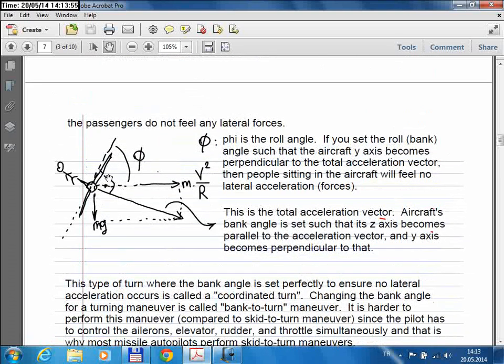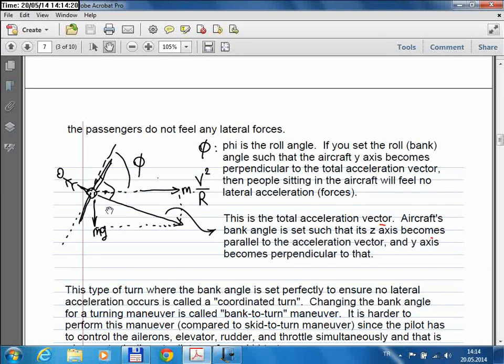I'm not sure. Yeah, I think you can get a negative G force if you bank your aircraft in the other direction, right? So I guess if you just tilt the aircraft upside down, then the pilot will be sitting here, and he will be getting a negative G force. I'm not sure if you can make a turn like that.